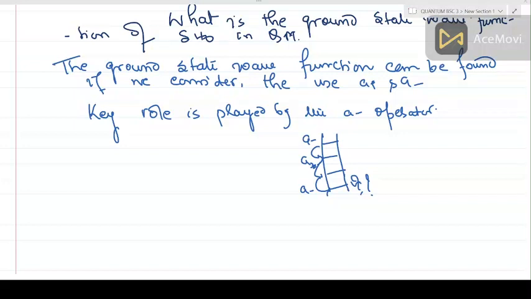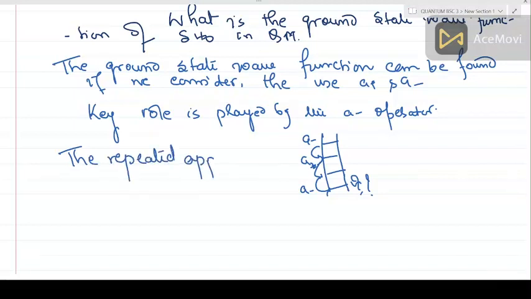It is not so. At some point the lowering operator will fail. Why will it fail? It means that repeated operation of A minus will take you to a state which will not be normalizable.